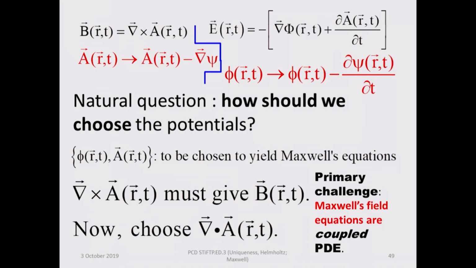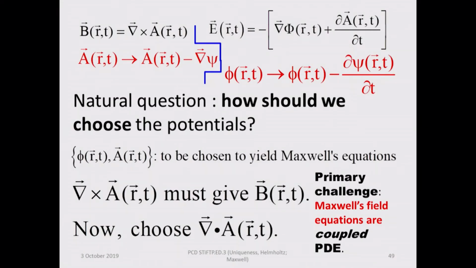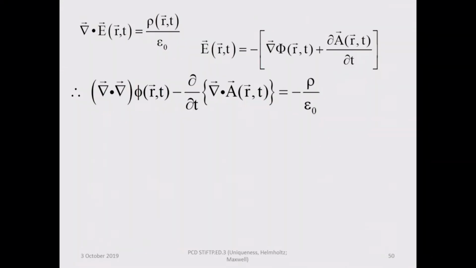The consequence will be that A and phi will come together, and it will become messy, complicated, difficult to solve the equations for A and for phi separately because of this coupling. So, we have to devise a mechanism to deal with that. That is the challenge we have to work with.